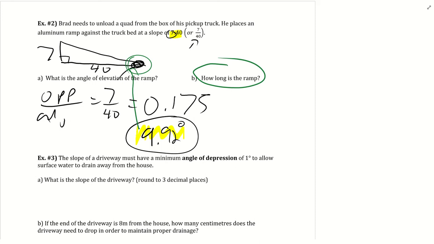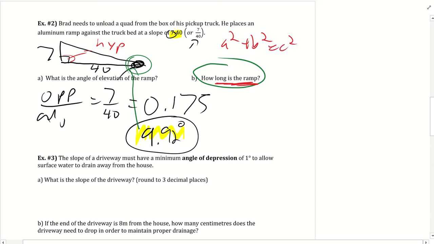Well, we're going to have to draw back into a couple of ideas. And remember our friend Pythagoras, our Greek friend Pythagoras, he taught us an important theorem that if we have a right angle, this is always going to be the hypotenuse. So the hypotenuse would be how long the ramp is. So we would need to use this formula. Now, I know we're used to saying a squared plus b squared equals c squared, and that's okay, but really it's the leg squared plus the leg squared equals the hypotenuse squared.